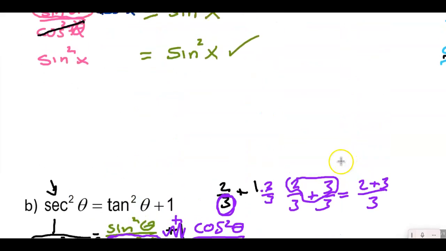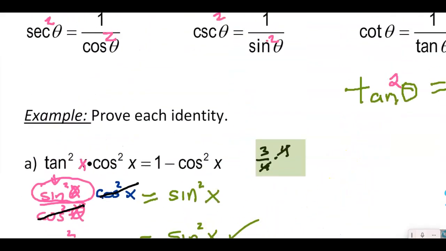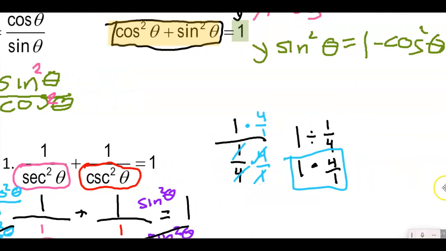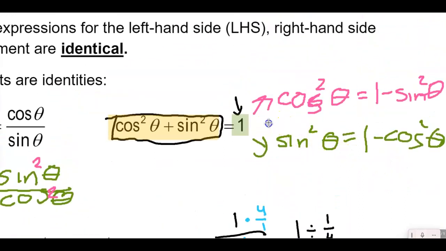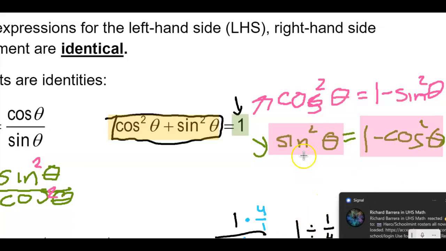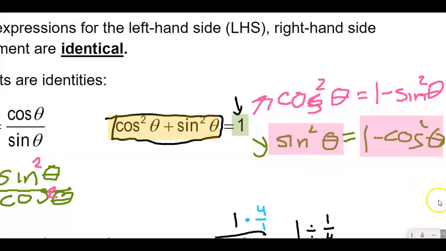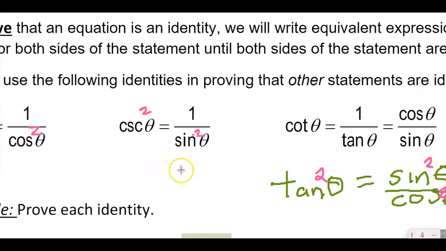So I go back up here and ask, well, what could that possibly equal? And bada bing, sine squared equals what? 1 minus cosine squared. So I can take out the sine squared and put in 1 minus cosine squared in its place. Substitute that in.